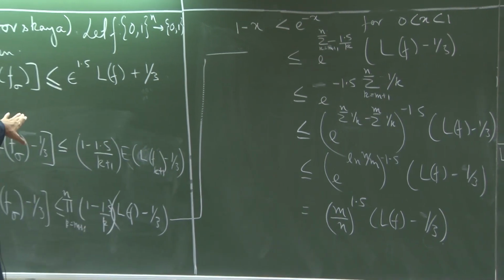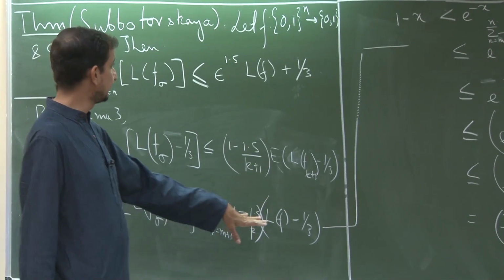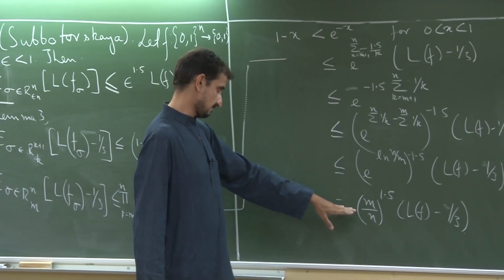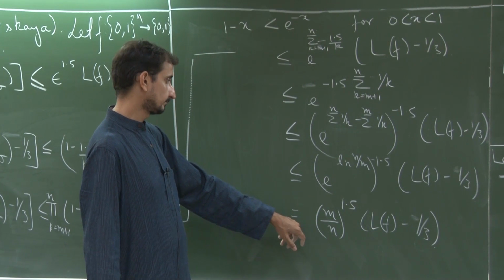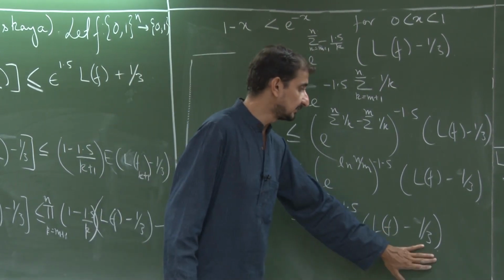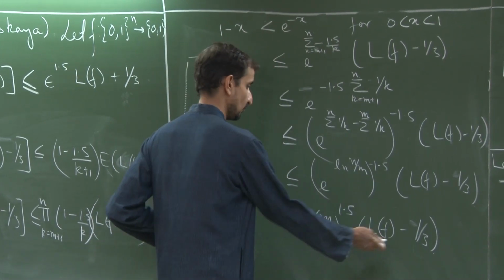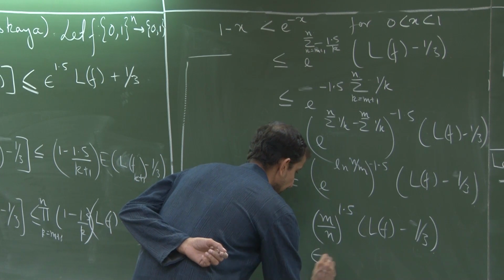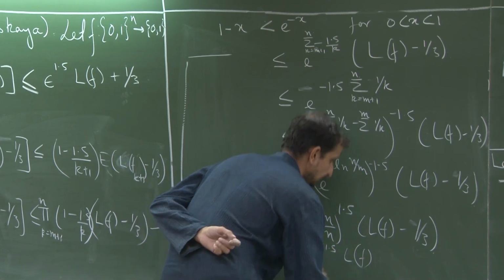We are not quite done, because here I have a minus 1/3 term and I want to take that outside. This 1/3 term I can drop, because I just need an upper bound over here and this is only reducing. So this is less than or equal to epsilon to the power 1.5 into L of f.